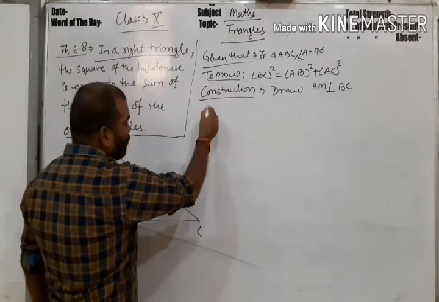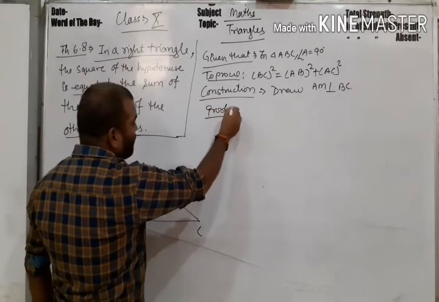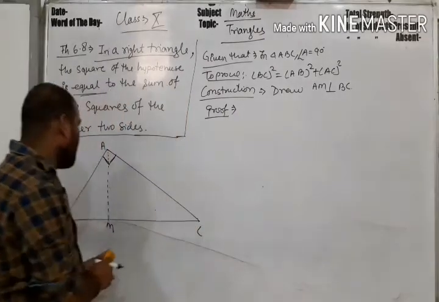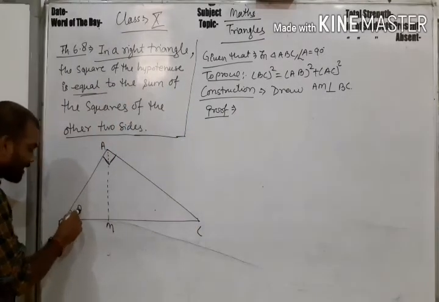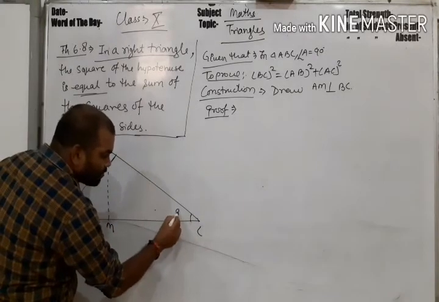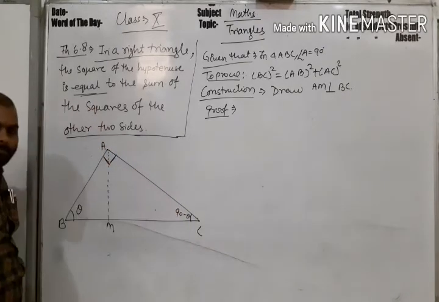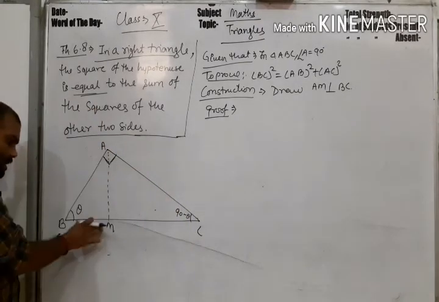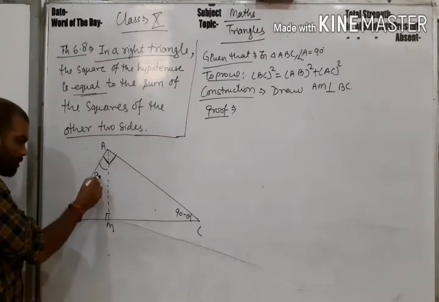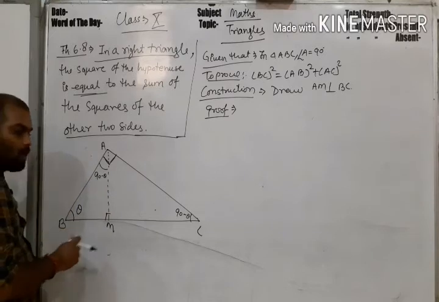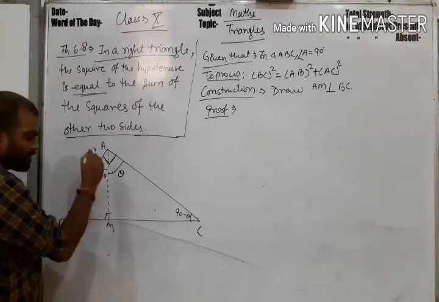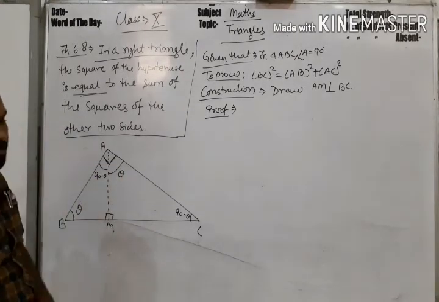Now, just as before, suppose this angle is theta degrees, this angle is 90, this is theta, so this again becomes 90 minus theta. Again in this triangle, if this is theta, this is 90, so this becomes 90 minus theta, and here the whole angle is 90, this is 90 minus theta, meaning this angle is theta degrees. Just before this theorem we have proved that.